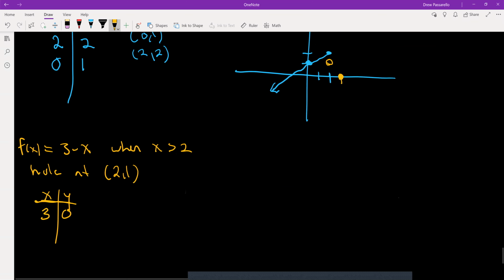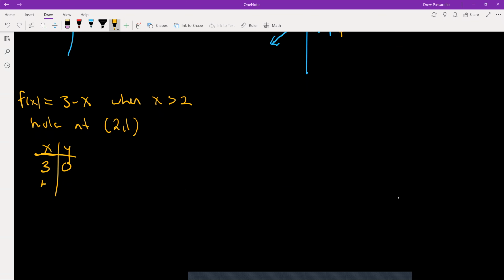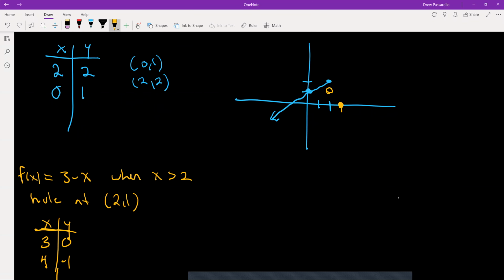And if I wanted to just do one more, let's say I plugged in 4, since that's to the right of 2. 3 minus 4, that's going to give me -1. So that's 4, -1. This is 3, 0. And I just connect it. And I have that hole. And then it keeps going down like that. So those are my two pieces.